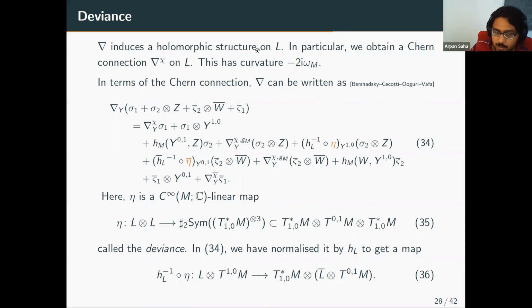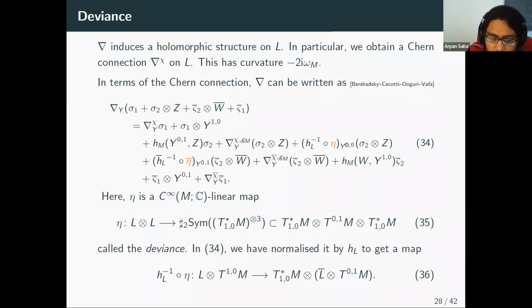So that means that you have a Chern connection on L. And in terms of the Chern connection, the flat connection that I just mentioned will take this particular form. And this is in fact something that appeared in the BCOV paper on Kodaira-Spencer gravity, but written in a slightly different notation.